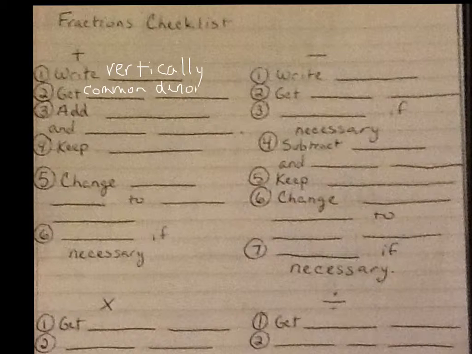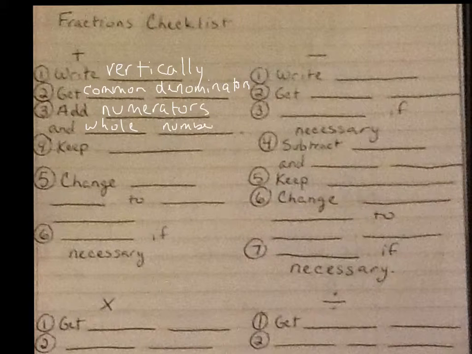Remember that whatever you do to the bottom, you have to do to the top. Then you are going to add the numerators and whole numbers, and you're going to keep the denominator the same.